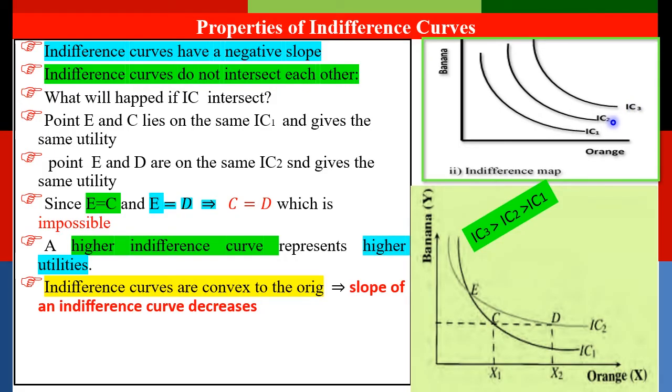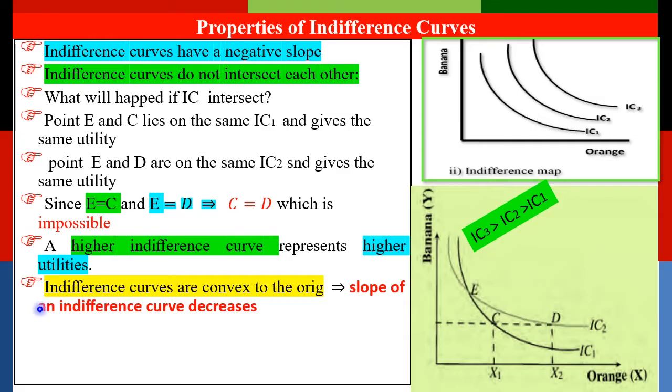Indifference curve 2 represents higher utility than indifference curve 1, or indifference curve 1 gives lower utility, or smaller utility, than indifference curve 2, and indifference curve 2 is less than indifference curve 3. A higher indifference curve represents higher utility. If there is another indifference curve around here, it represents higher or maximum utility.